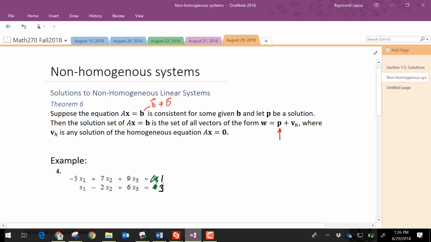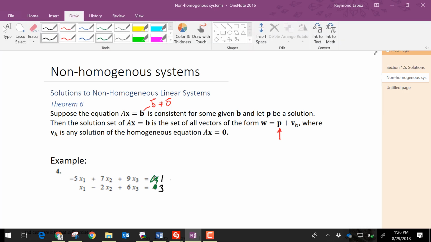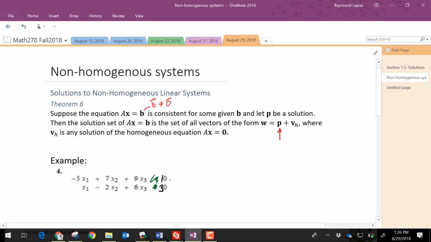So our solution then, because this is non-homogeneous, we will want to include the augmented part. So we got minus 5, 7, and 9, and then 1. 1, minus 2, 6, and then 3.